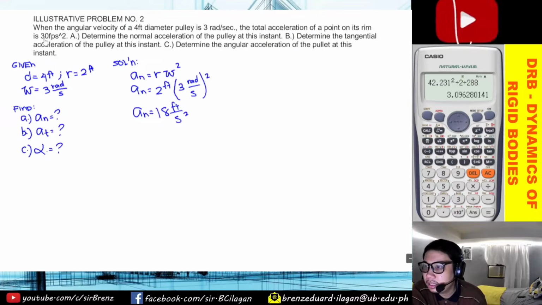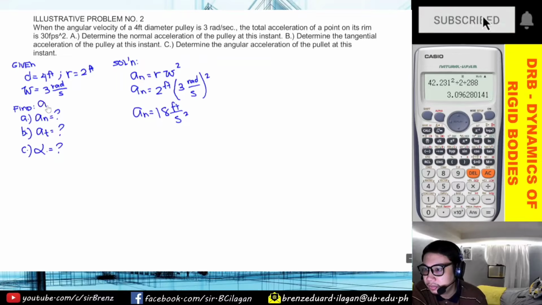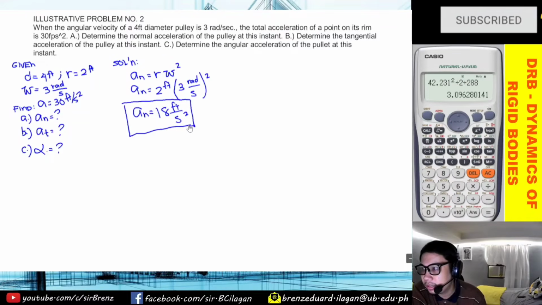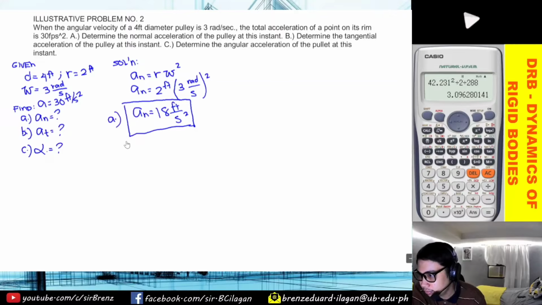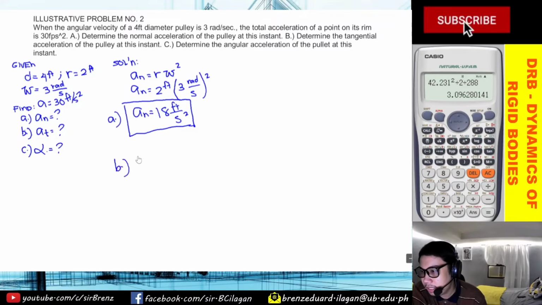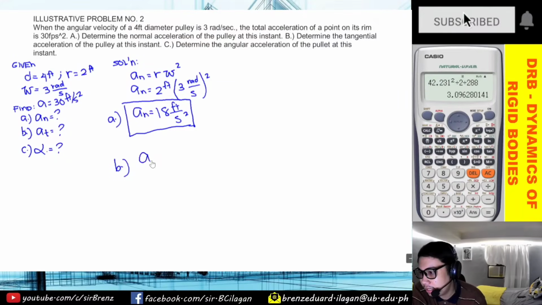Alright, so given pala yung total acceleration a is 30 feet per second squared. Mahanap nga pala natin yung tangential. Dali lang pala itong number 2. Next, for letter B, knowing that yung total acceleration is the square root of a_n squared plus yung a_t tangential squared.